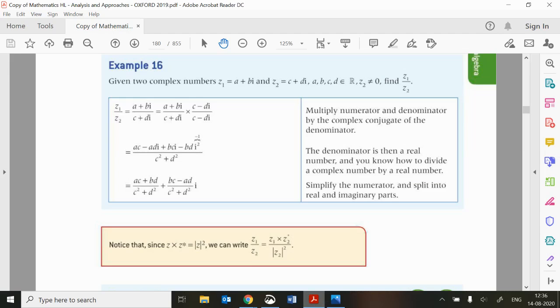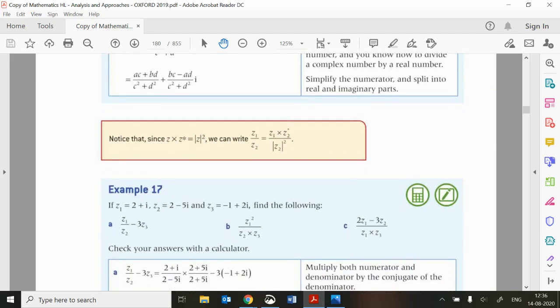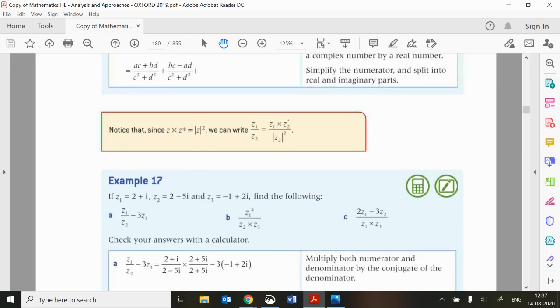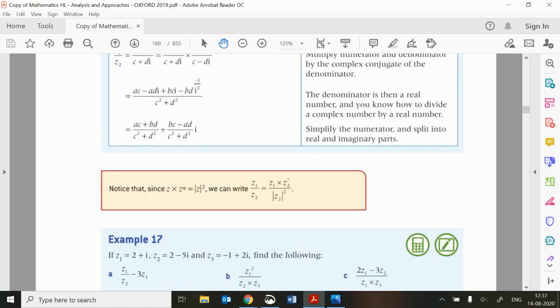Okay, next question. And they go through the point which I explained earlier as well, that timesing z by z star, its conjugate, gives you the modulus of z squared. In other words, a squared plus b squared. Oh, and there's another thing here.